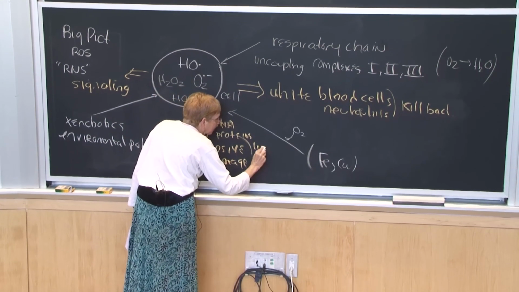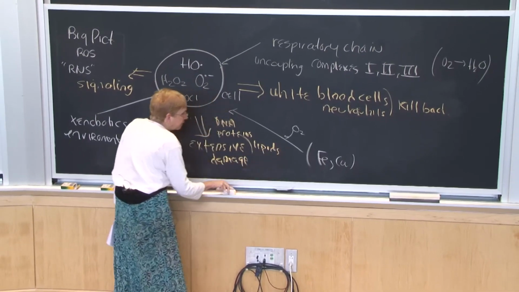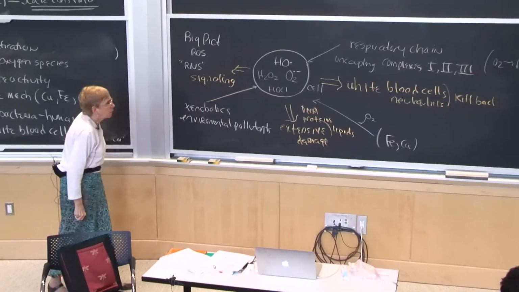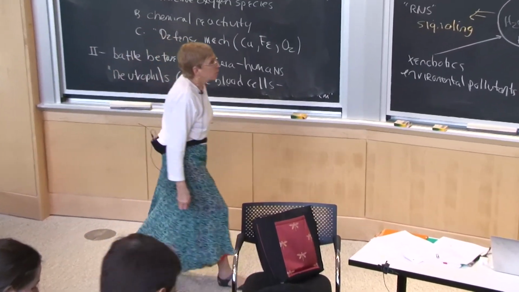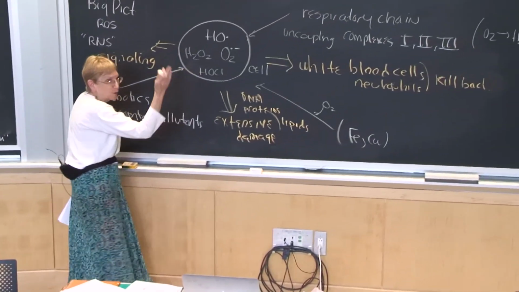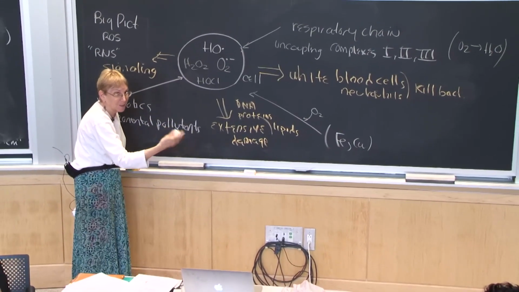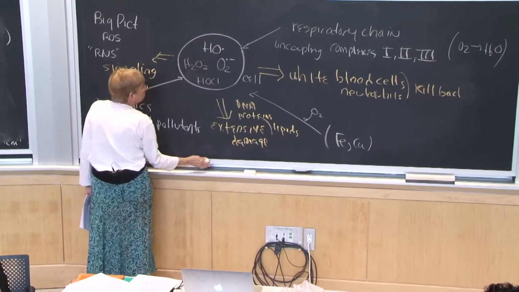You have lipids. Lipids are modified by hydrogen peroxide. And so that's the big picture. That's where we're going. We're focusing on good things, and we're focusing on bad things. And how do we control all of that?